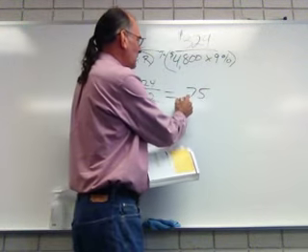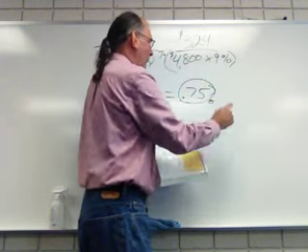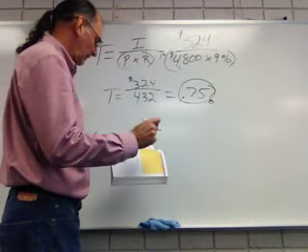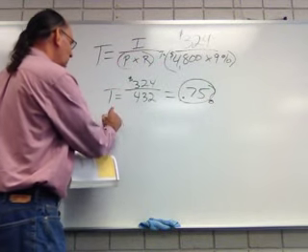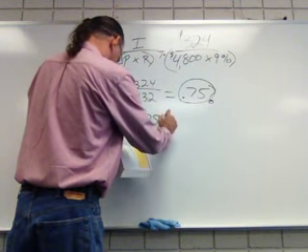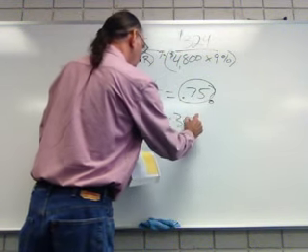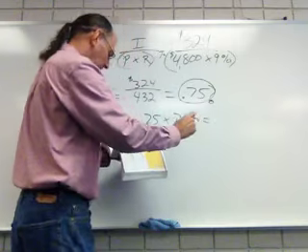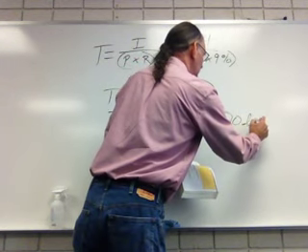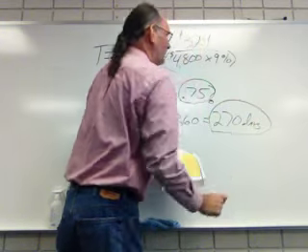Does this tell me anything? It does not tell me anything. Based on a 360-day year, what you do is 0.75 times 360 days equals 270 days. That's your answer.